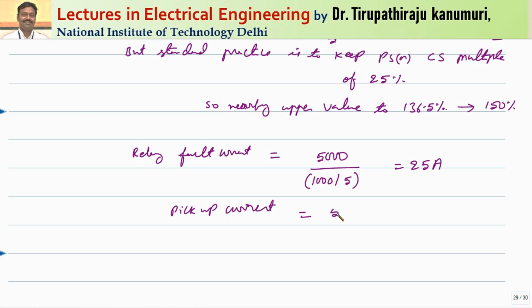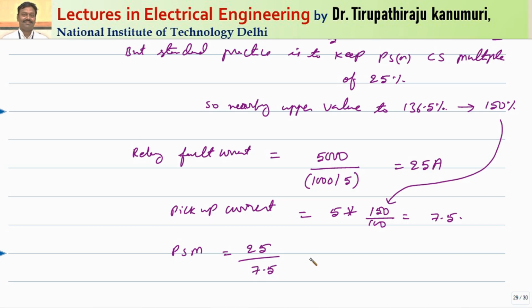The pickup current will be equal to the CT secondary multiplied by the current setting. The current setting is obtained as 150 percent, right? So this will be 5 multiplied by 150 divided by 100, which becomes equal to 7.5. So the transformer plug setting multiplier will be equal to 25, that is the fault current in the relay, divided by 7.5, the pickup value.